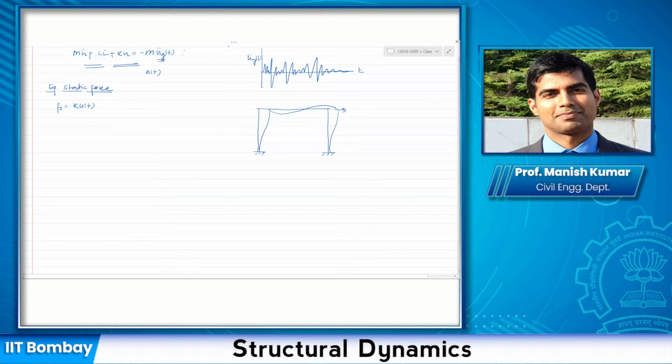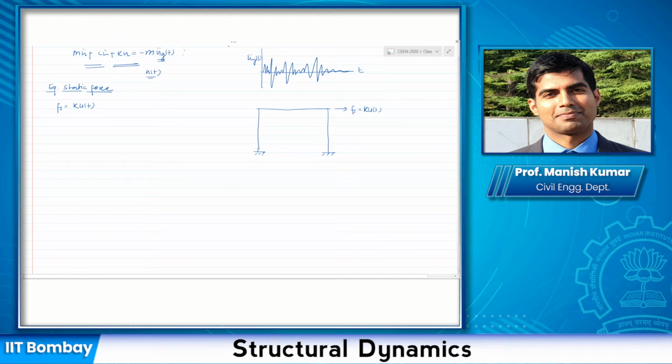So at any time instant, once I have got my u(t), can I say if I apply a force which is lateral stiffness times u(t), and do the static analysis now, not the dynamic analysis. I've already done the dynamic analysis and found u(t).